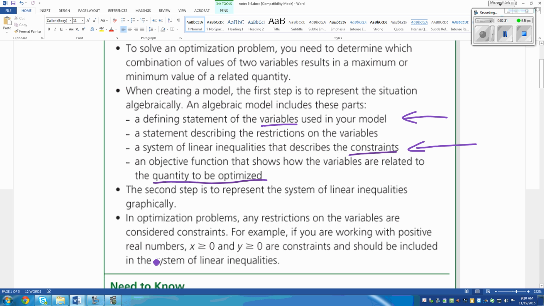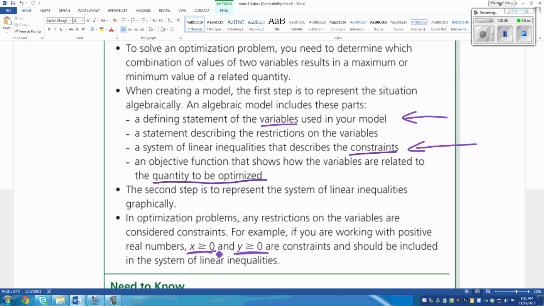A key thing to think about is that when they give you a word problem like that ham and cheese and egg sandwich, they never told you, guess what, you can't have negative sandwiches, right? We're not going to make -3 egg sandwiches. Doesn't happen, right? Doesn't make sense.